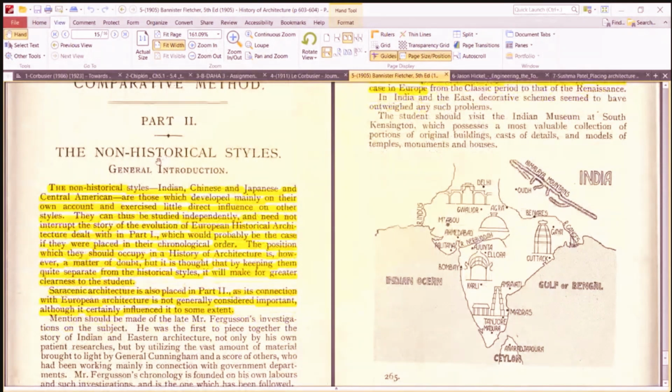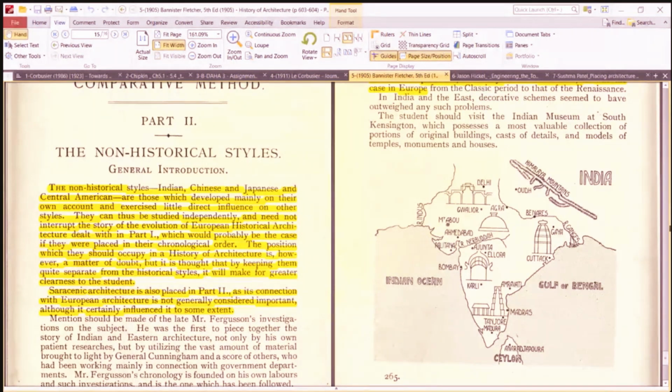Sir Bannister Fletcher, a professor in London, in his History of Architecture, writes, the non-historical styles, in other words, the non-West, Indian, Chinese, Japanese, Central American, etc., are those which developed mainly on their own account and exercise little direct influence on other styles. In other words, they don't influence anything in the world.